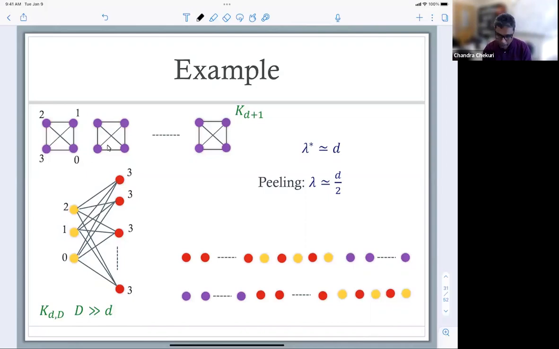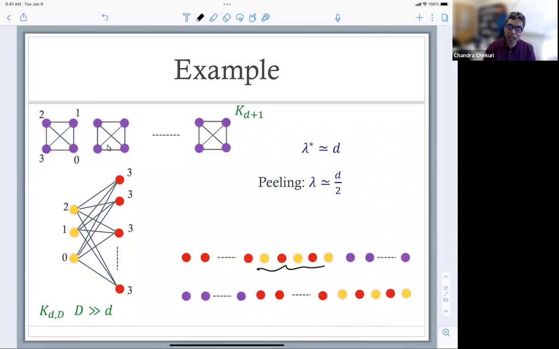It's not so important, and that's why you get this slight mix between red and yellow there. And then you start peeling the clique vertices one by one. That's the first iteration. We already know that the algorithm's performance is half, and that's tight on this example.